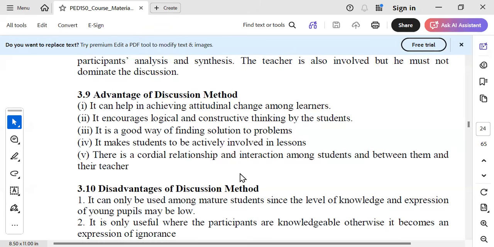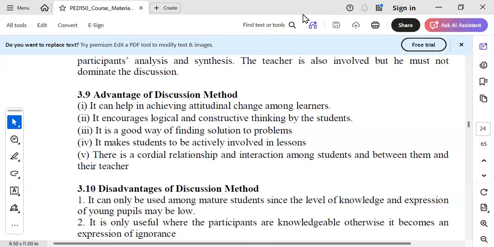Point 3, under the advantages, it is a good way of finding solutions to problems. So the discussion method allows several people to contribute to ideas.